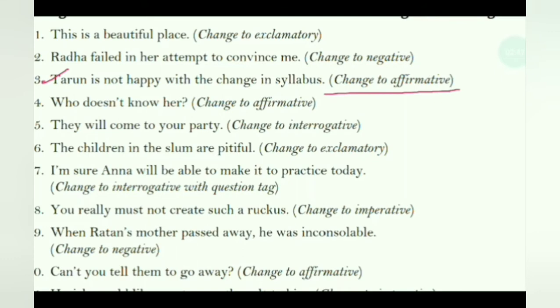So the sentence must be such that its meaning mustn't be changed. So it would become, Tarun is sad, or Tarun is unhappy. Tarun is sad with the change in syllabus, or Tarun is unhappy with the change in syllabus. Clear?